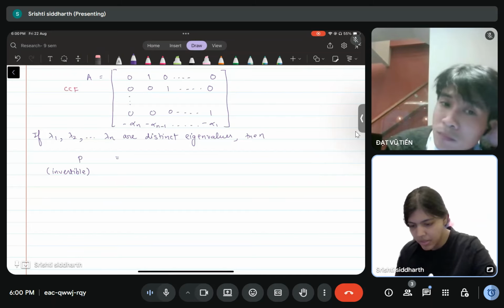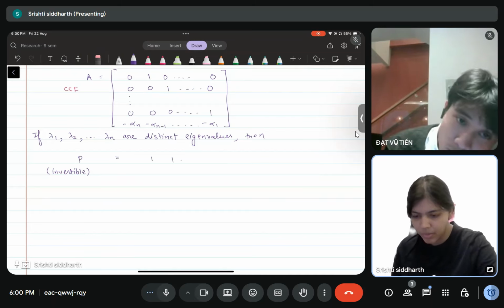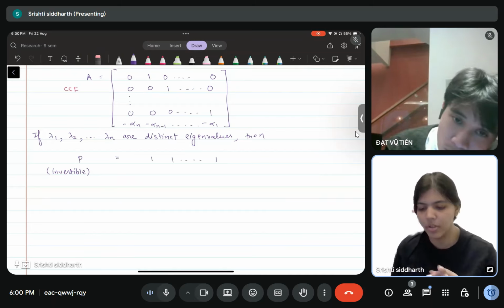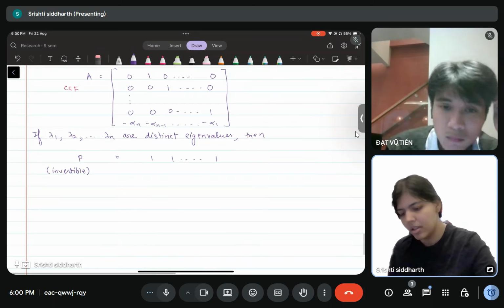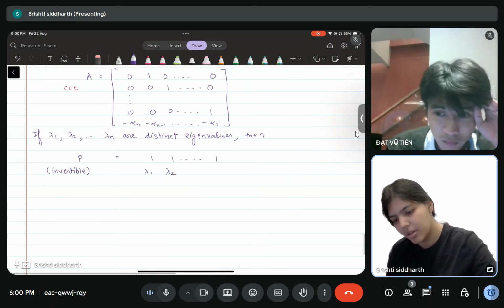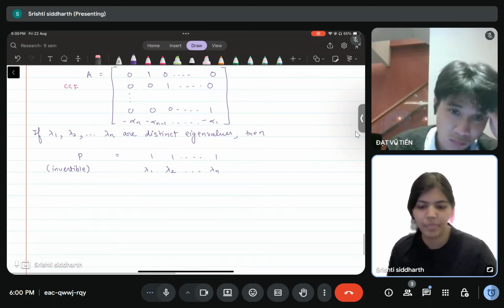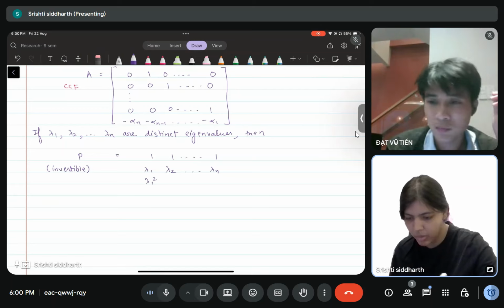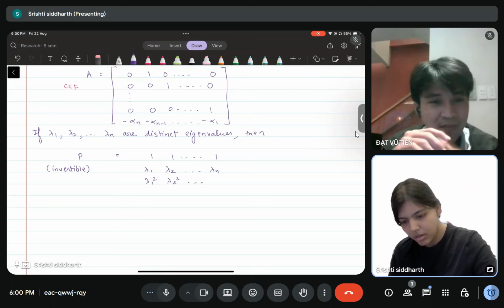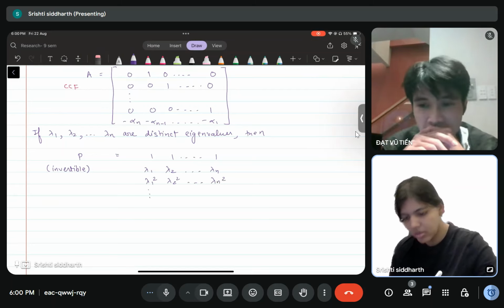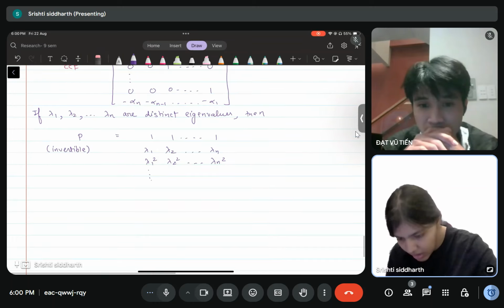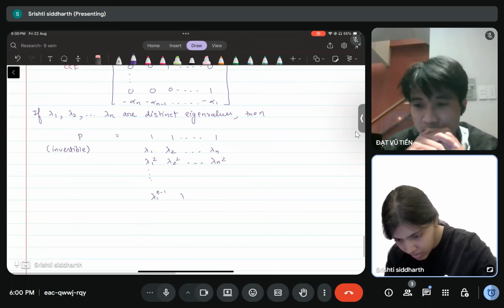It's written as: the first row is just a row of 1s, then it's lambda 1, lambda 2 till lambda n, then the next one is lambda 1 square till lambda n square, so on till lambda 1 to the power n minus 1.